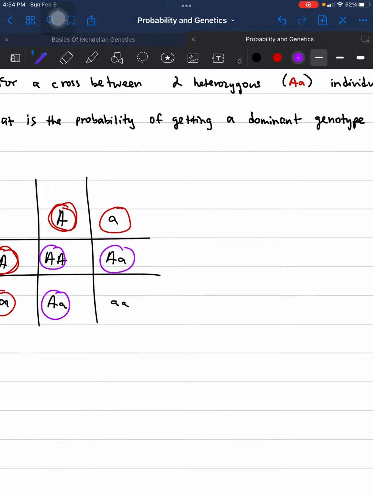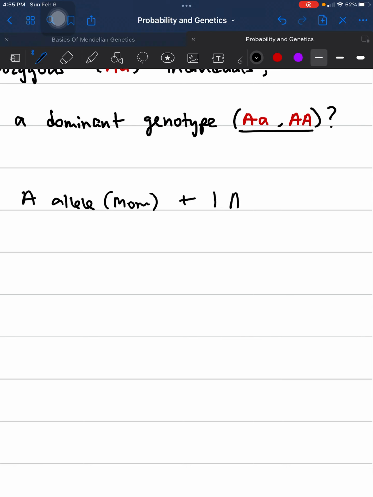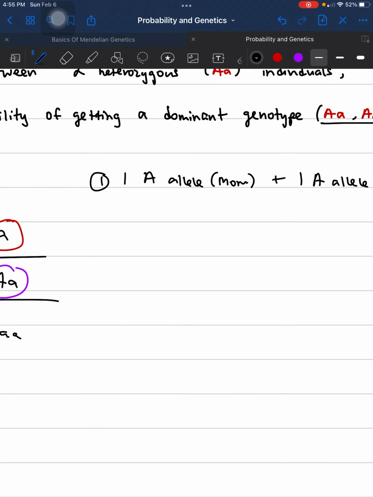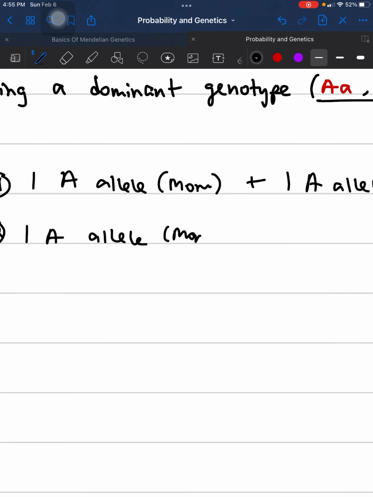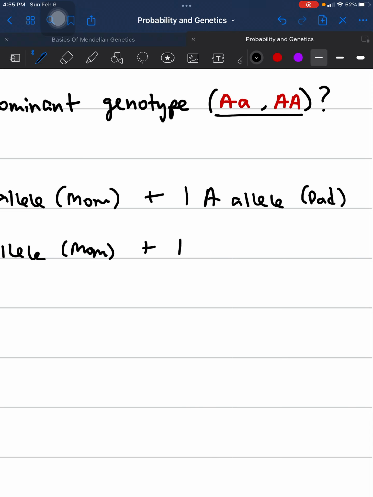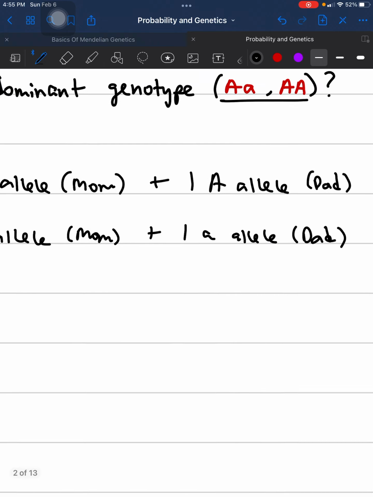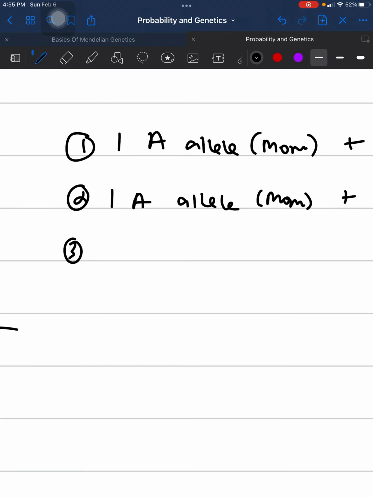The first event I said was 1 capital A allele from mom plus 1 capital A allele from dad, or it could be 1 capital A allele from mom plus 1 lowercase a allele from dad, giving us a heterozygote.